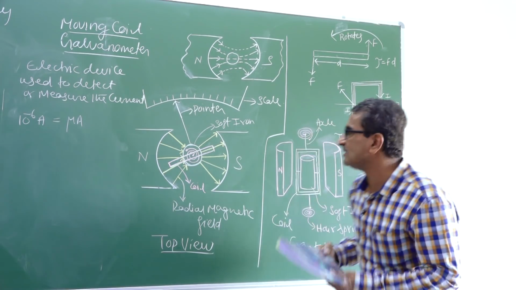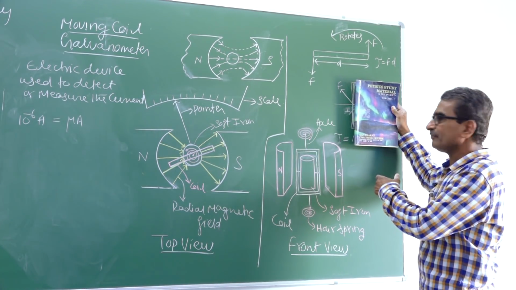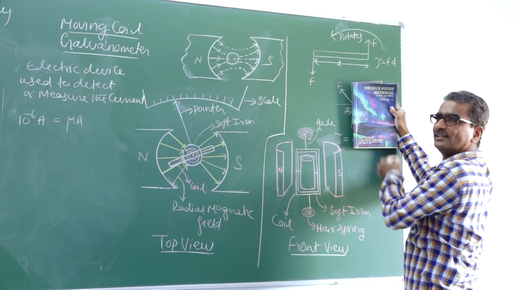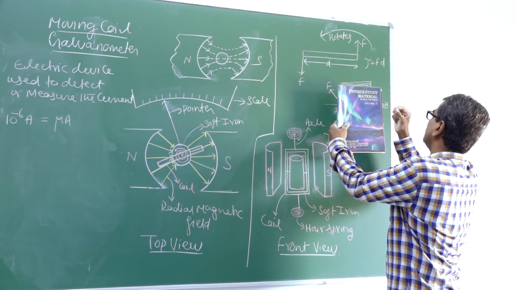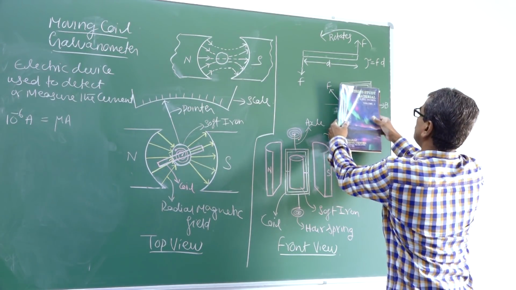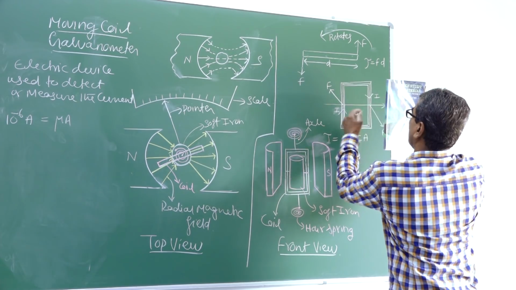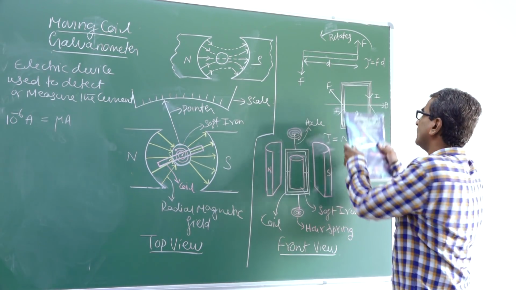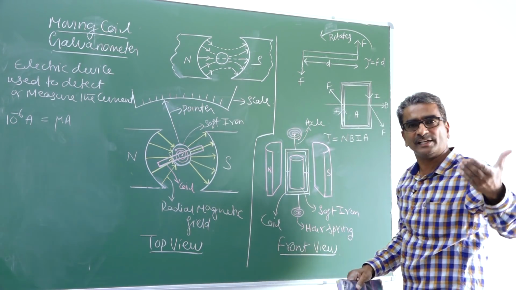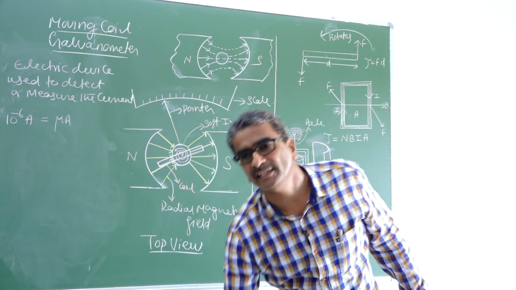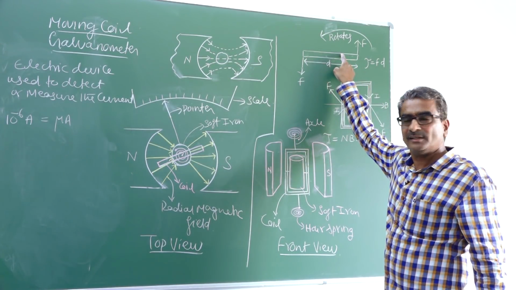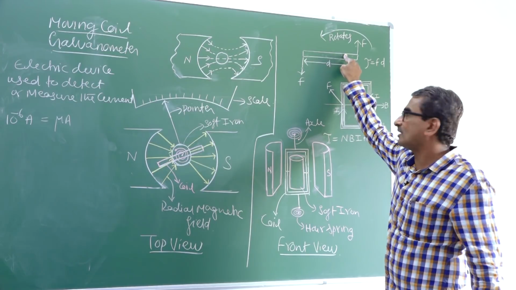If one force at this edge acts outwards, then the force at the other edge will act inwards. What happens now? The coil begins to rotate like this. Once again, it's because of torque. In this case, it's nothing but electric torque. Here it is mechanical torque. How do you measure this mechanical torque?